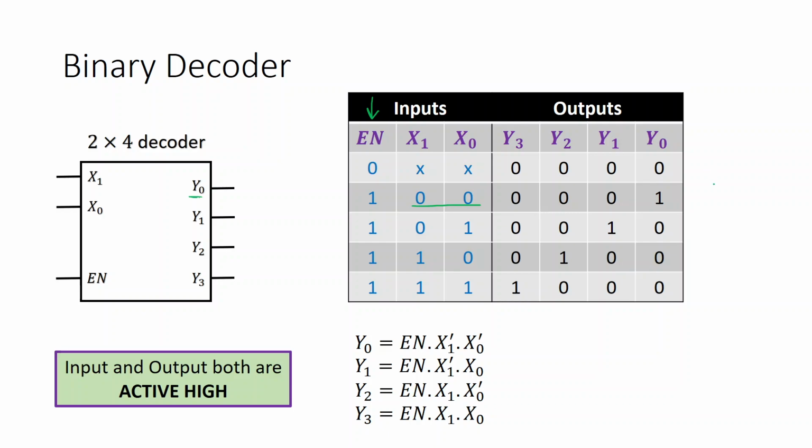Y0 is going to be active, and it is going to be 1. Only one output is going to be active, so the other outputs are going to be inactive. They will be low. Similarly, you check any combination, 1 0, that means output 2 is going to be active. Y2 is the only 1, others are 0.